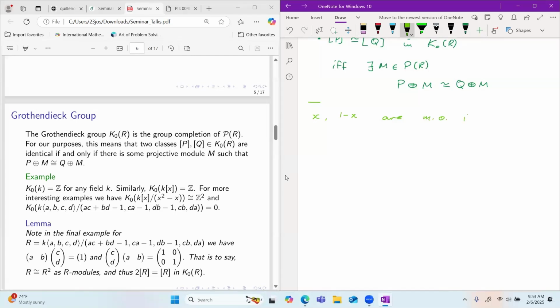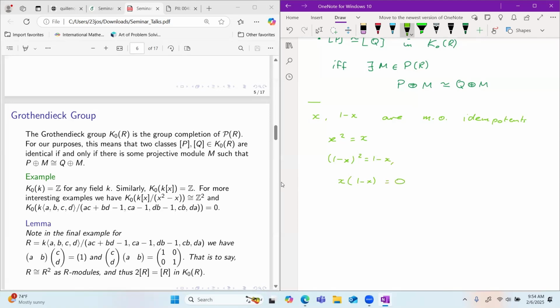Mutually orthogonal idempotents. So what that means is x squared is equal to x, (1 minus x) squared is equal to 1 minus x, and x times (1 minus x) is 0.